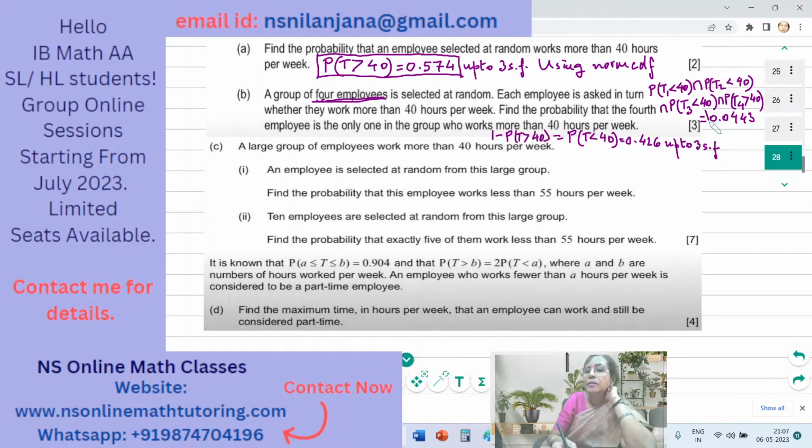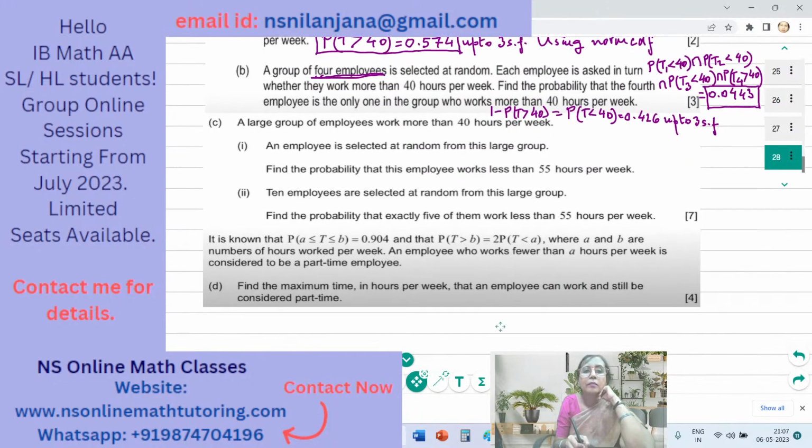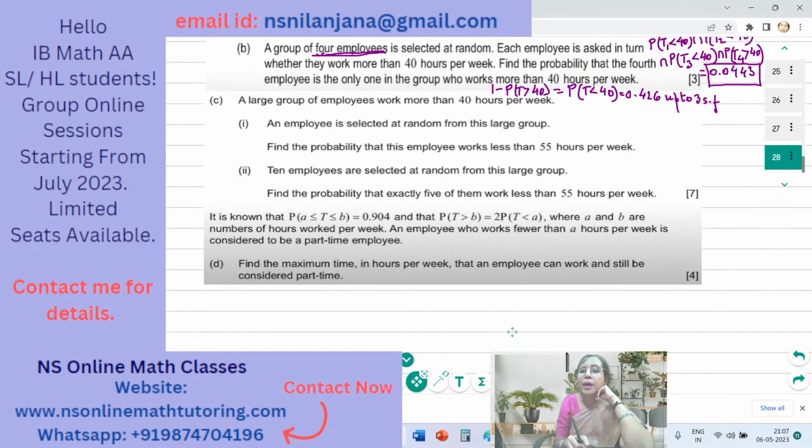So this is the answer. Okay. So this is the answer for subpart B.